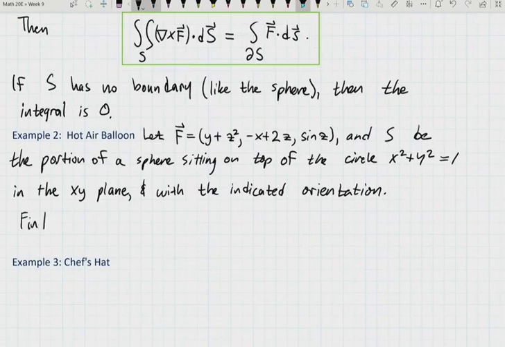So I'm going to draw it in a second, but the problem will be to find the flux of the curl.